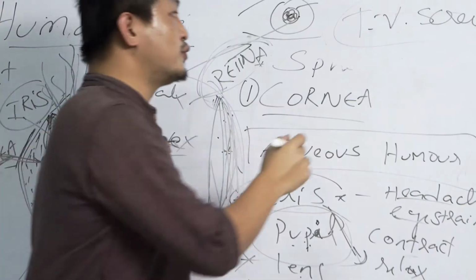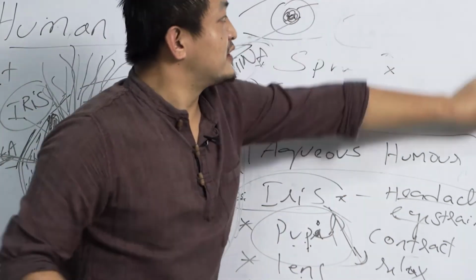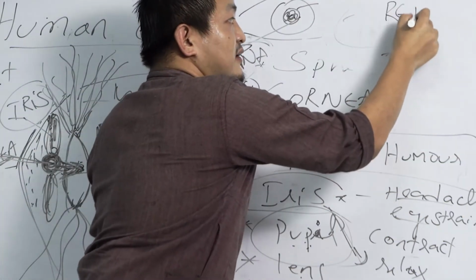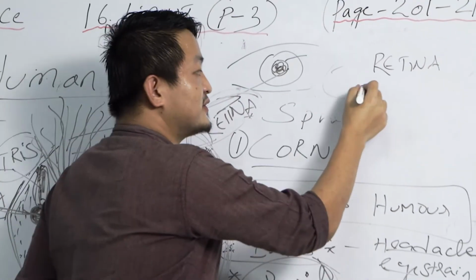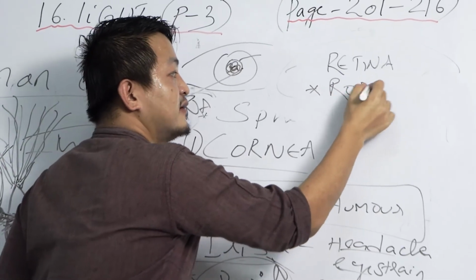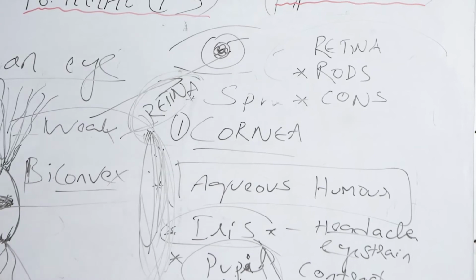So I'll write here, Retina, and then you have two important names, that is rods and cones.